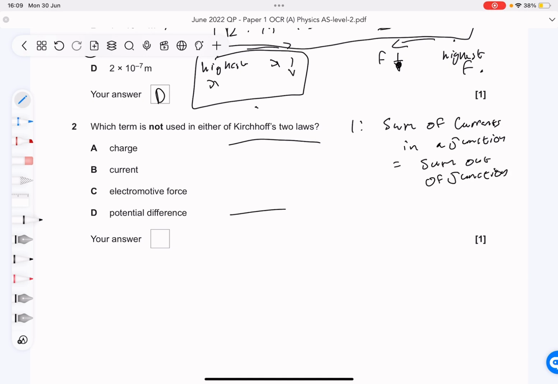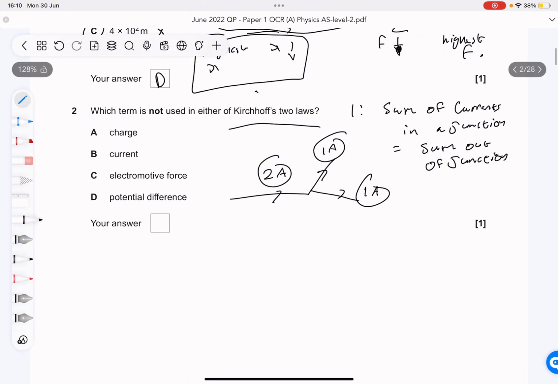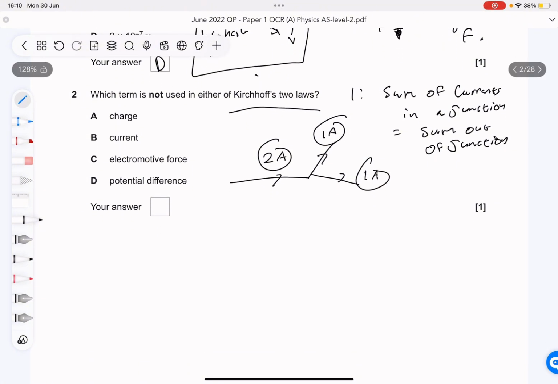So if I have a wire that splits off like that, if I have 2 amps here, I must have 1 amp there and 1 amp there. The current is conserved going in and out. So in his first law, I'm using current, so that can't be right.